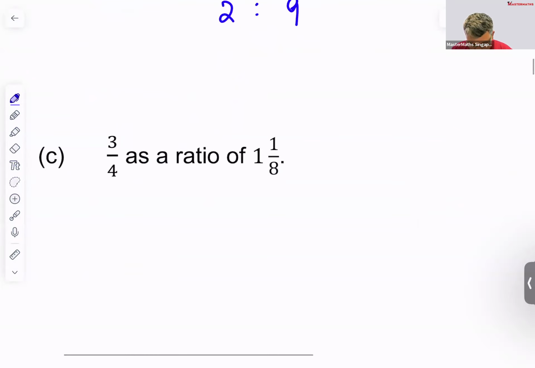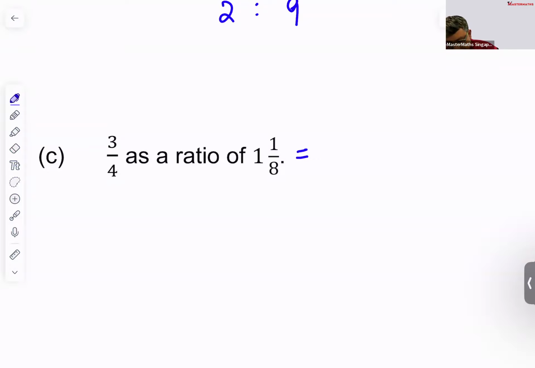3/4 as a ratio of 1 and 1/8. First, make the 1 and 1/8 into, it's already mixed number. Why is it? Improper. 1 and 1/8 is what?